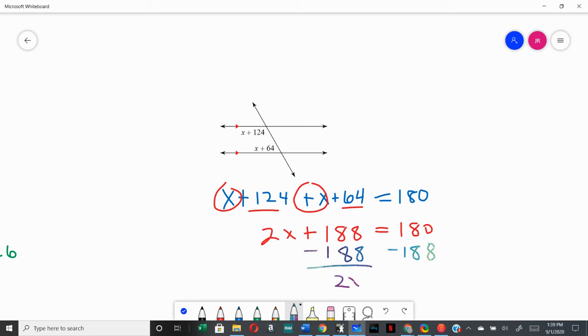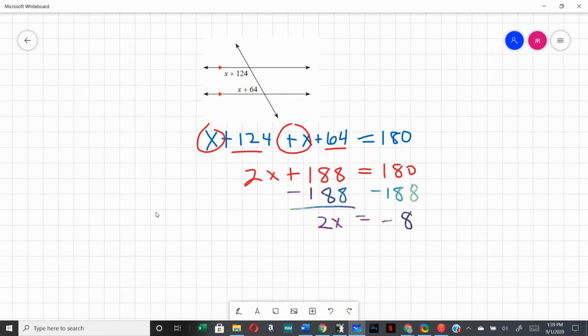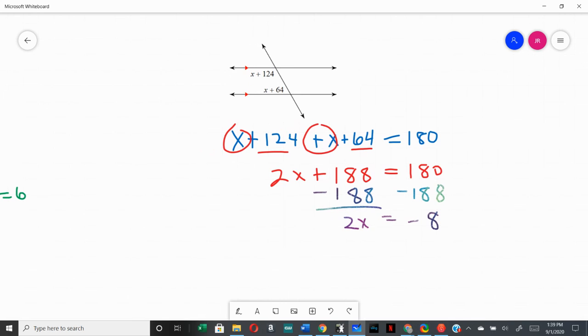And so that gives me 2x equals -8. And yes, it's okay if x is negative, just a side or an angle can't be. But x can be negative. We're just going to finish this up by dividing by 2, and then x is going to equal -4.